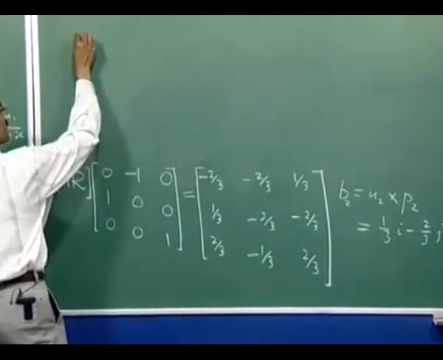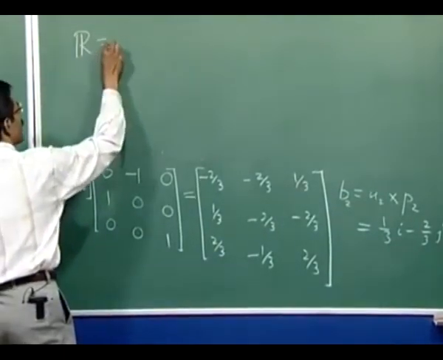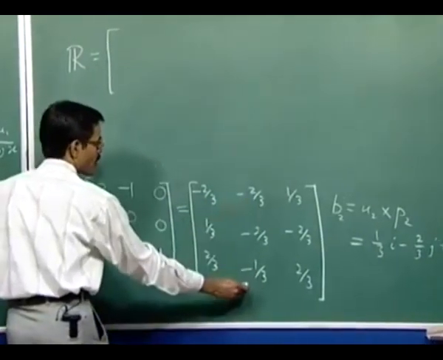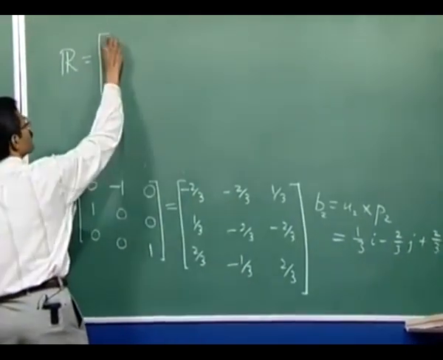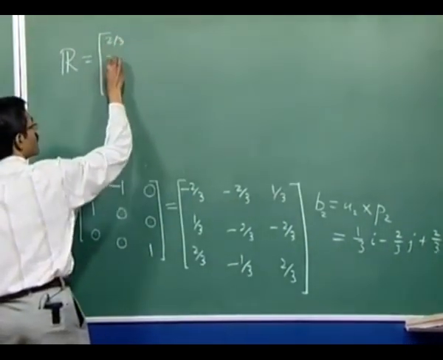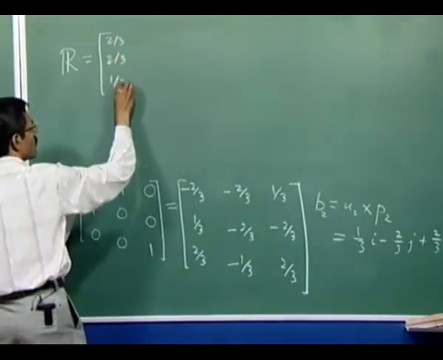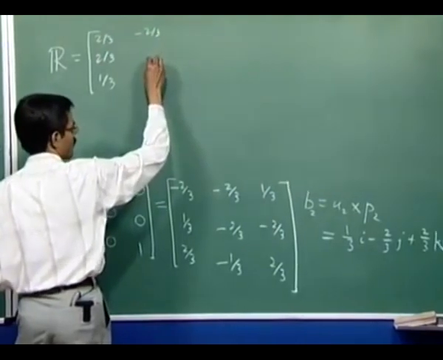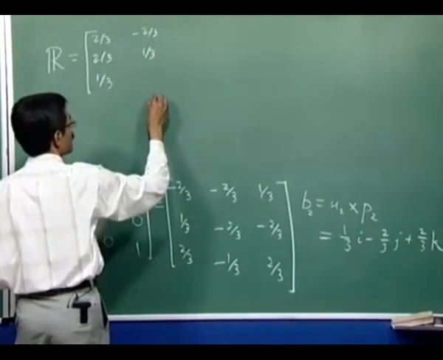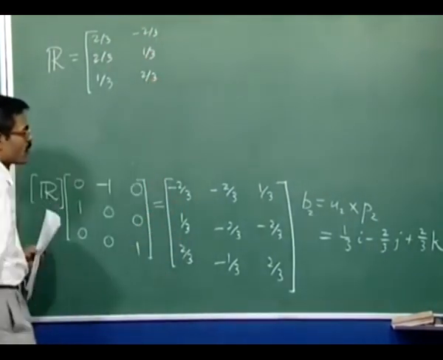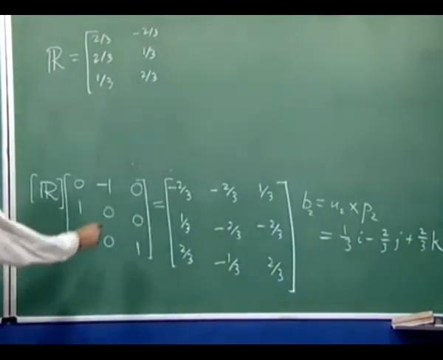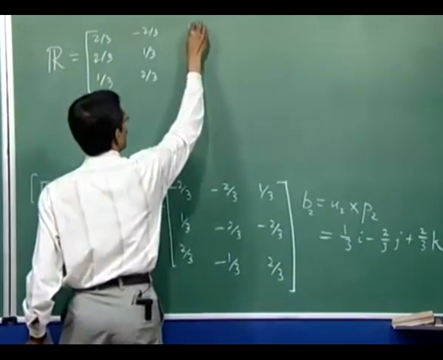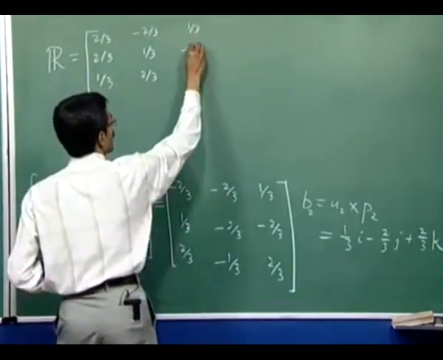So, this tells us that the matrix R is the negative of this column comes first, this column goes next, right, and the third column remains in its own place because this is 0 0 1.